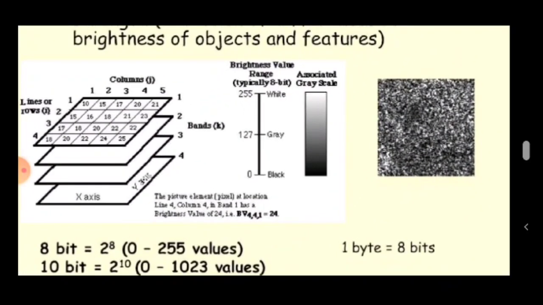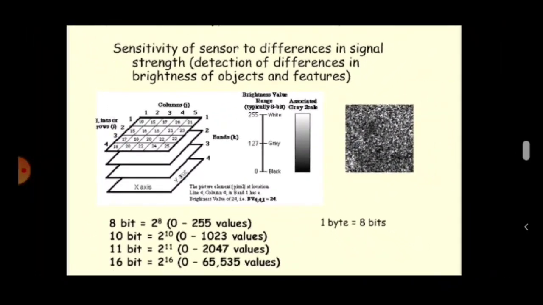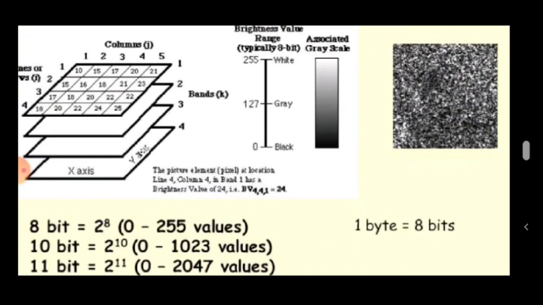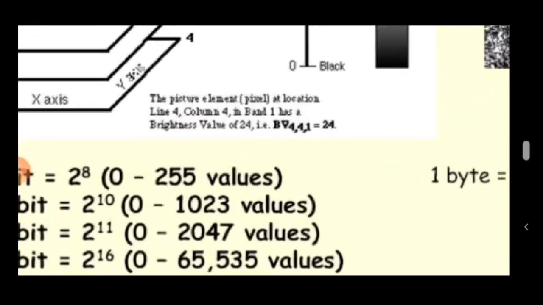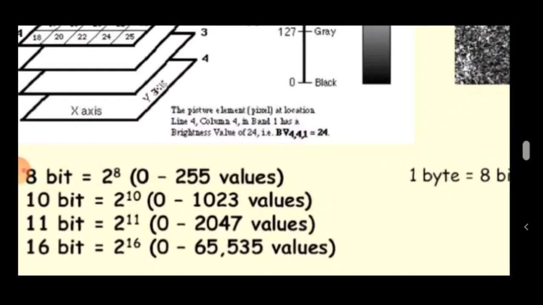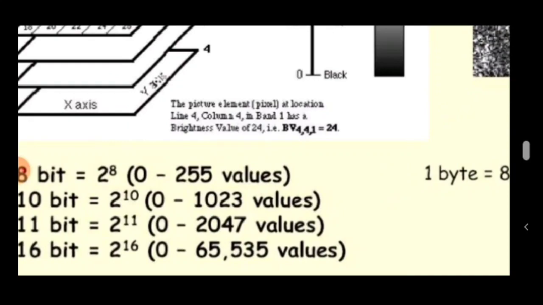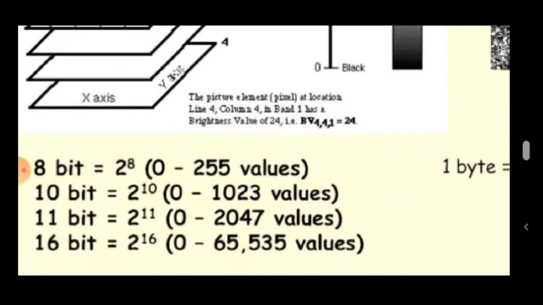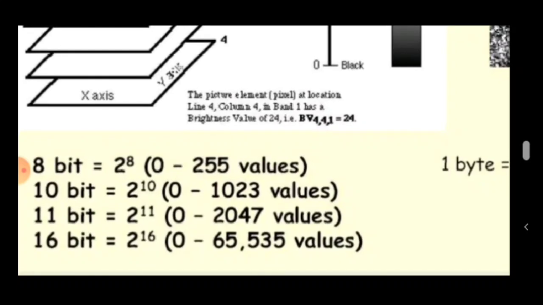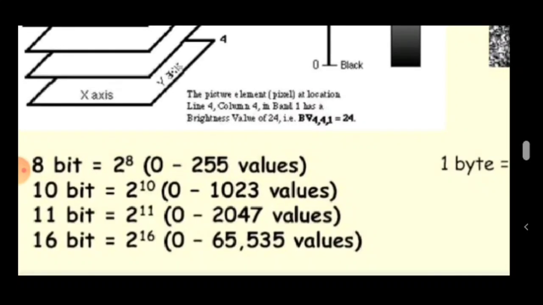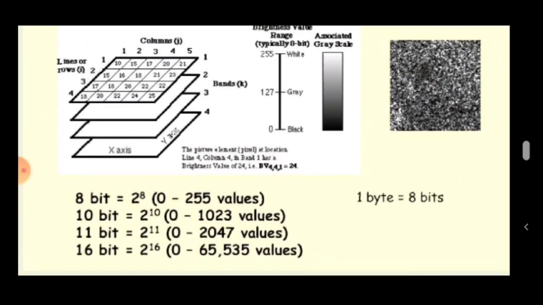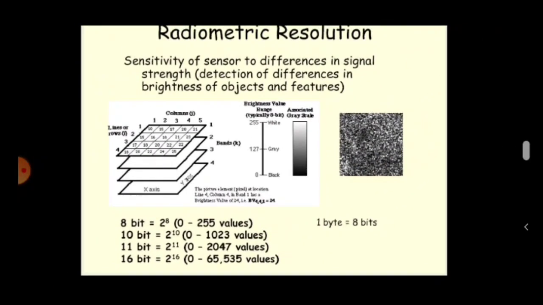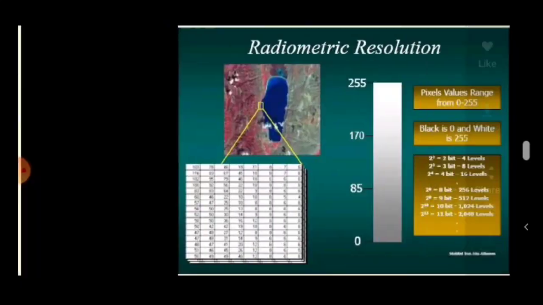This graph may help you see how the values vary with radiometric resolution. 8-bit means 2 to the power 8, which is 256 values from 0 to 255, and 10-bit means 2 to the power 10, so 0 to 1023. 1 byte represents 8 bits.